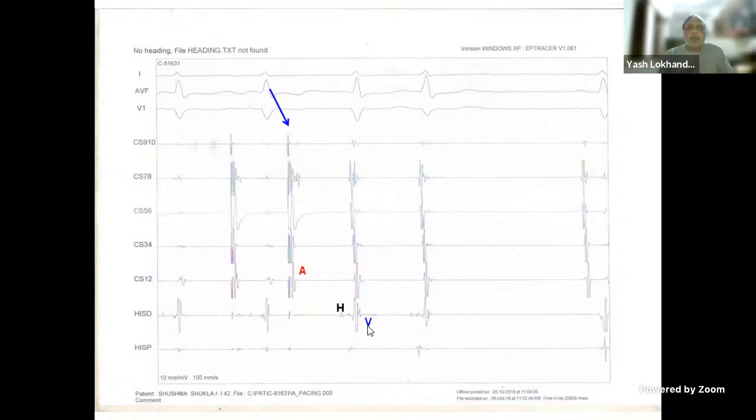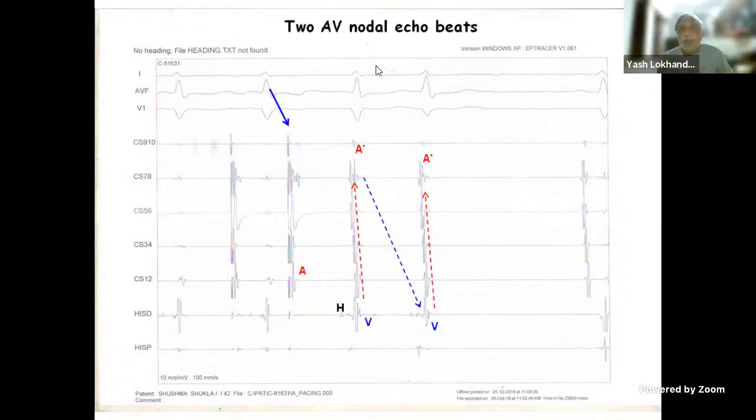And then if you combine that with the fact that after that sudden prolongation in the PR and the AH, you get an extra A on V. It's called A on V. That means the A is hidden in the QRS complex, so in the surface ECG, you may not see a P wave. And again after that, there is an A on V. So slow, fast, slow, fast.